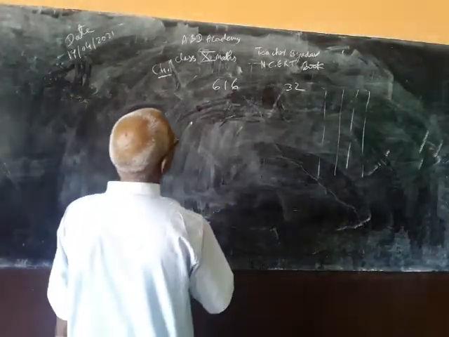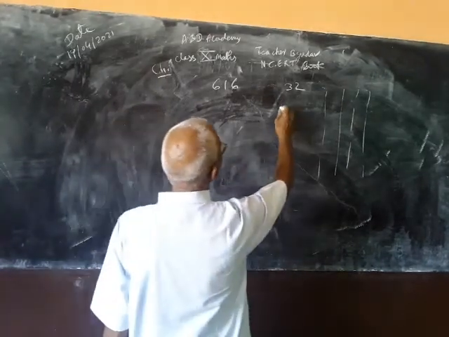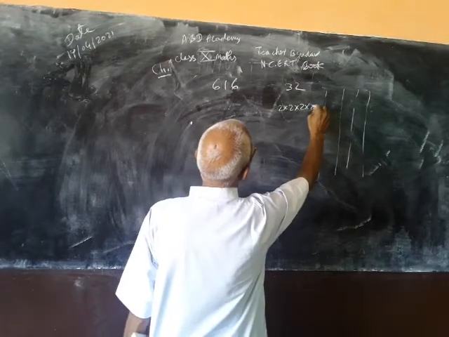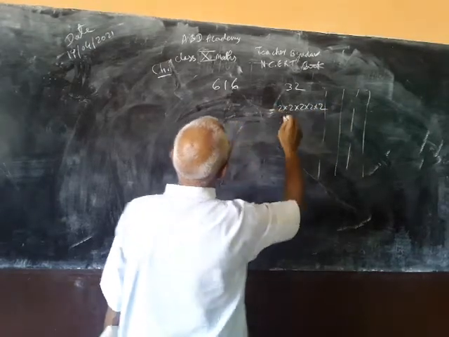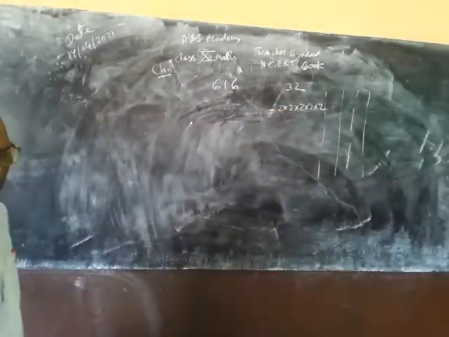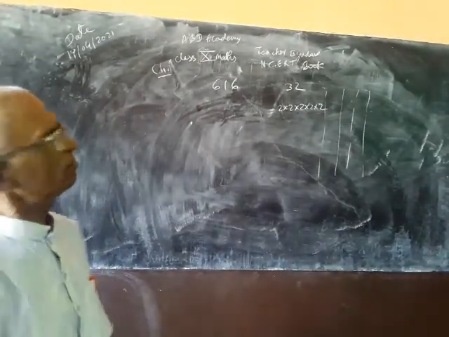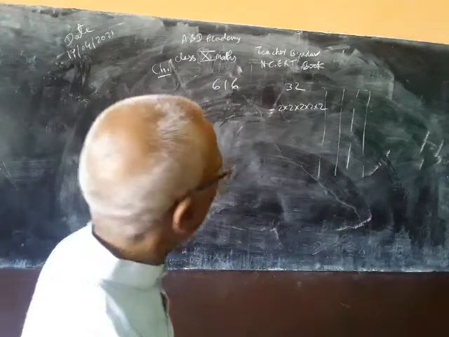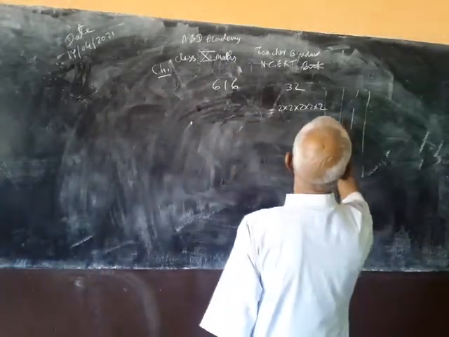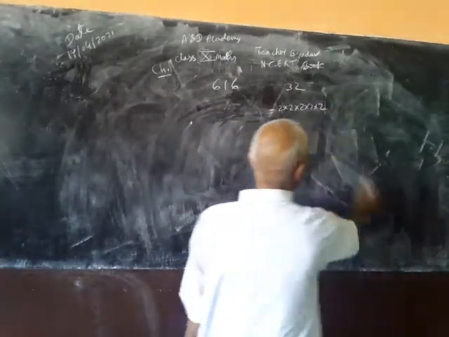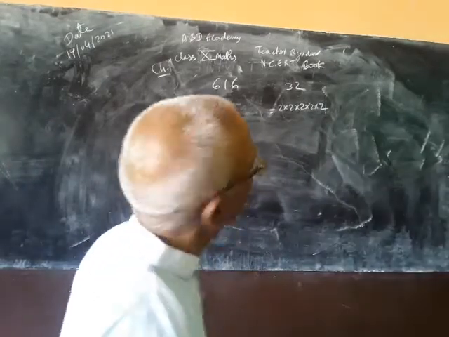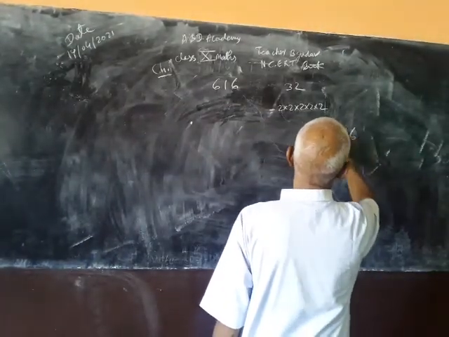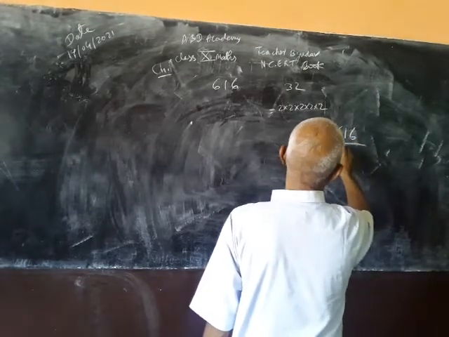32 is 2 into 2 into 2 into 2 into 2, five times. This prime factorization method will be best. Now 616 is divisible by 4, so 2 comes automatically.